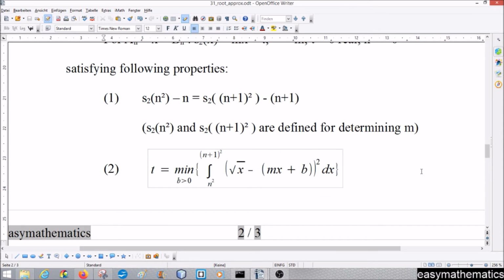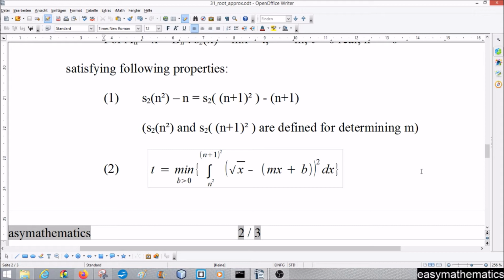And the second property: t is the minimum over all b of the following expression, the integral from n squared up to (n plus 1) squared of the square root of x minus (nx plus b), and the whole integrand squared, with respect to x. Of course, we integrate.